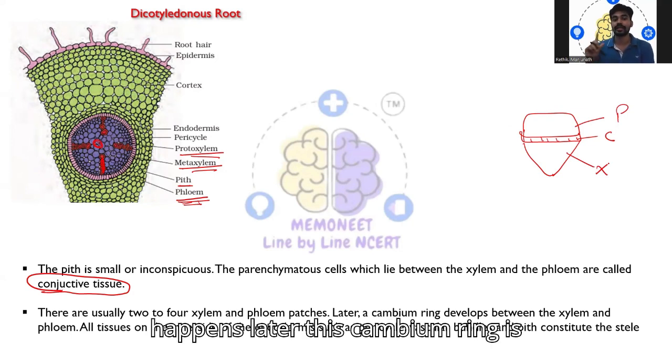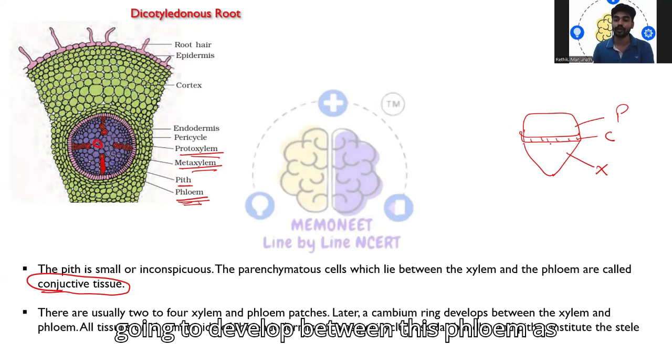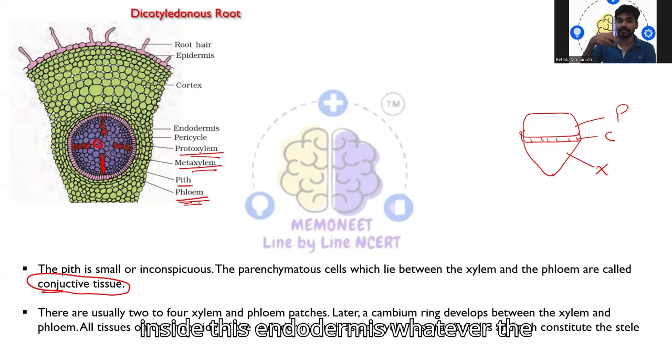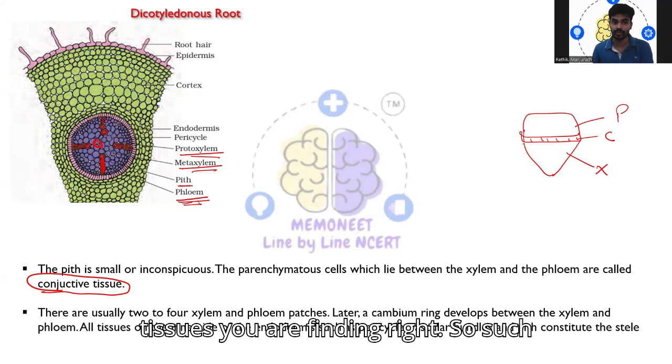And all tissues on the inner side of this endodermis, whatever tissues you are finding, such as the pericycle, you can see.